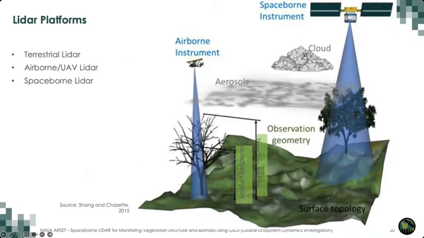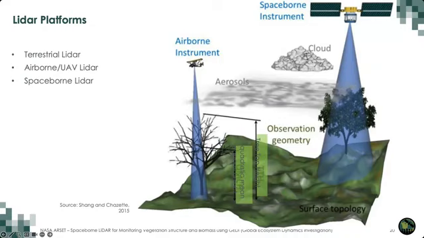Ground-based systems, known as terrestrial LiDAR, provide extremely high-resolution measurements, even up to millimeter accuracy, for detailed studies of forest structure, archaeology, and engineering applications. These systems are ideal for small-scale, intensive studies, but are limited in their spatial coverage.